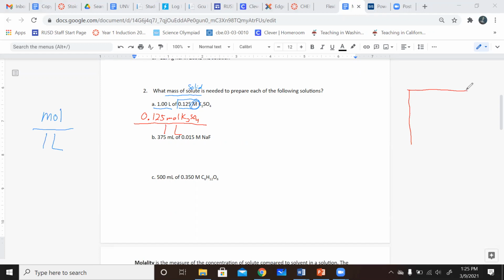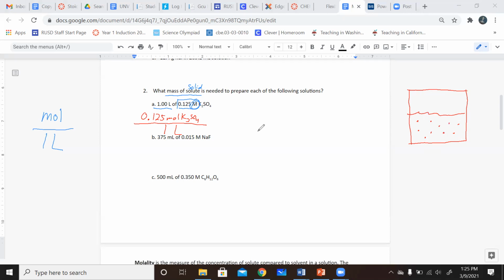Picture a beaker, and it has some liquid in it. And that liquid has a certain amount of particles. Okay, so that's what molarity is telling you. How many moles, particles, per set amount of volume. So that's what this is saying. There's 0.125 moles in every 1 liter.